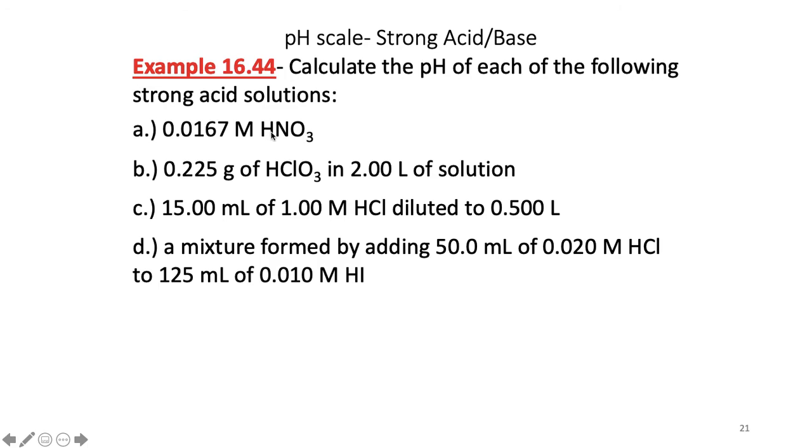That's because HNO3 completely dissociates into H plus and NO3 minus. If you have 1 molecule of HNO3, that's going to give you 1 molecule of H3O plus. If you have 1.3 moles of HNO3, that's going to give you 1.3 moles of H3O plus.